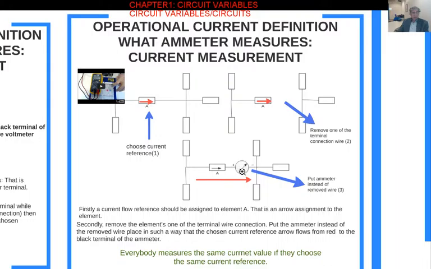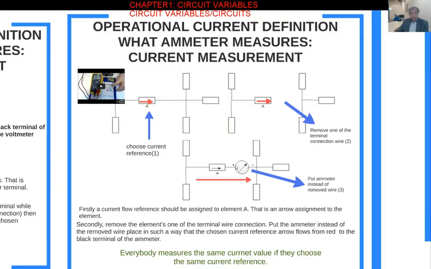So that means some people are going to measure, let's say, minus 2 amps, and some people are going to measure plus 2 amps. So in order to give only one result, we've got to choose, this time, a current reference for an element. So this is the current reference for this element. We said our equipment has two terminals, plus and minus, or in other words, plus is the red terminal and minus is the black terminal.